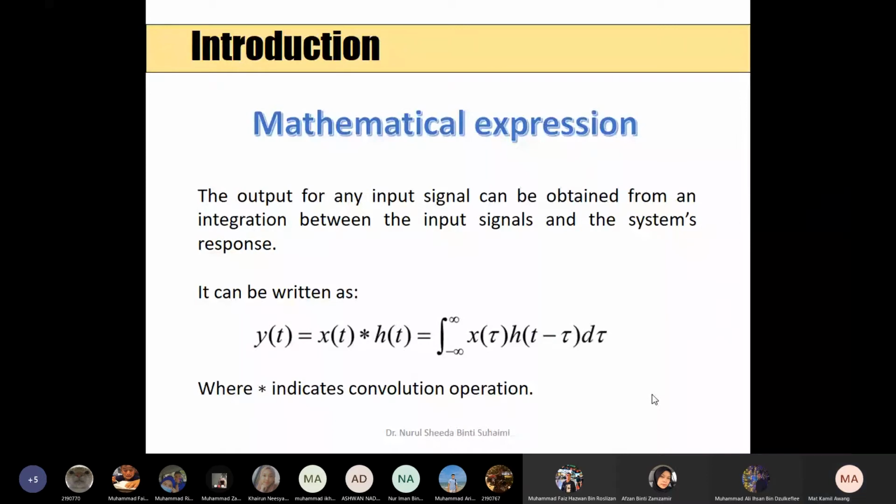The output for any input signal can be obtained from an integration between the input signal and the system's response. So it can be written as y of t is equal to x of t convolved with h of t, is equal to the integration from minus infinity to infinity of x of tau h of t minus tau d tau. So that asterisk indicates a convolution operation.